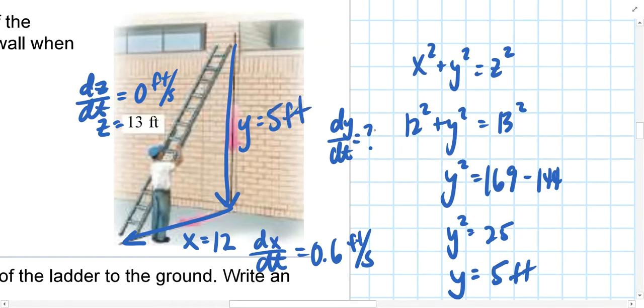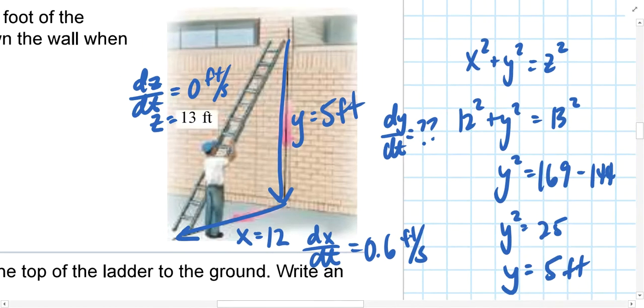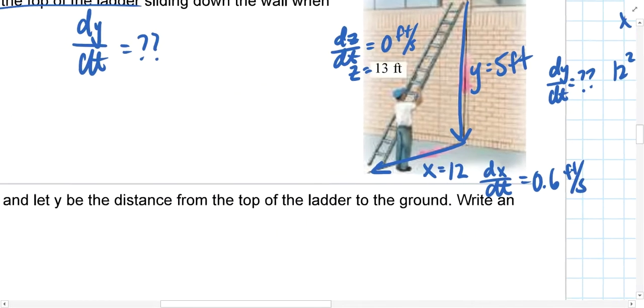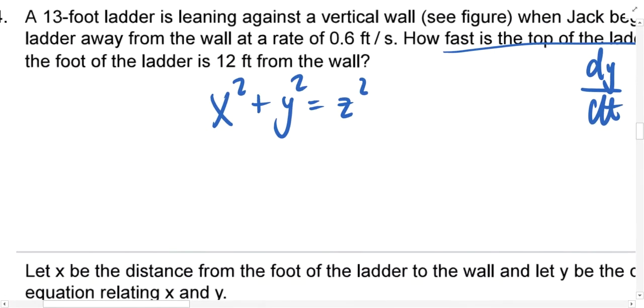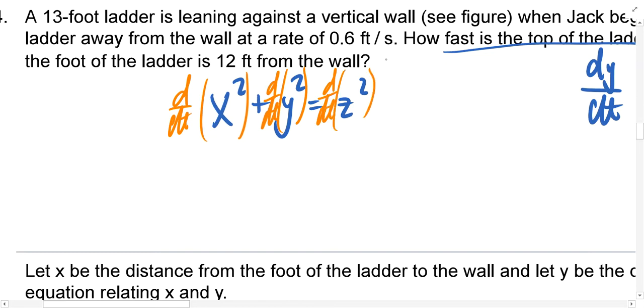Okay, so we've got lots of information here. Let's see if we can relate them to one another using a bit of calculus. The relationship between the side lengths, of course, was x squared plus y squared equals z squared. That's the outside piece of information we need to know to make this problem work. And if we differentiate all of these components with respect to time, then we should be able to answer this problem.